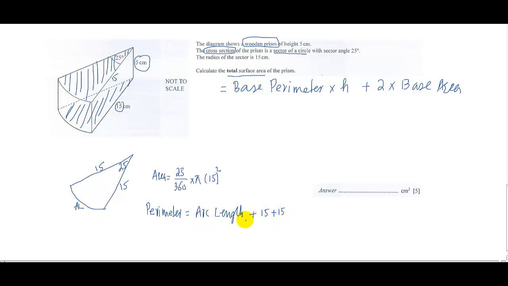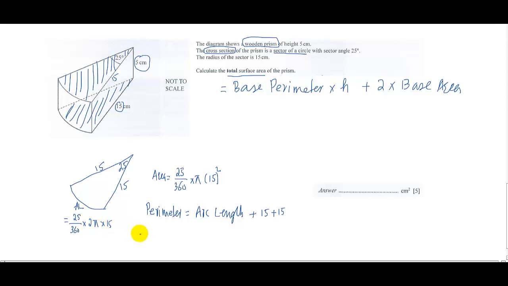So this gives us the perimeter of the sector. Let me find the arc length. The arc length is 25 over 360 into 2 pi r, where r is 15.